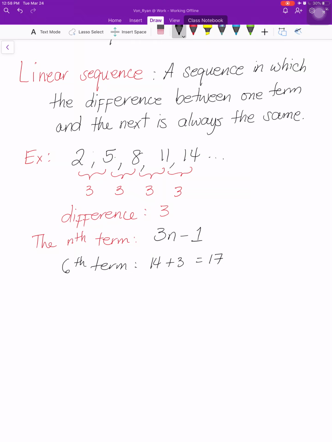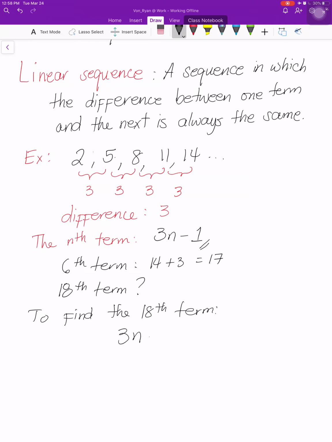Now, the question will be, how are you going to solve for the 18th term? You use the formula for the nth term. Just take note that we did this exercise in the previous lesson.